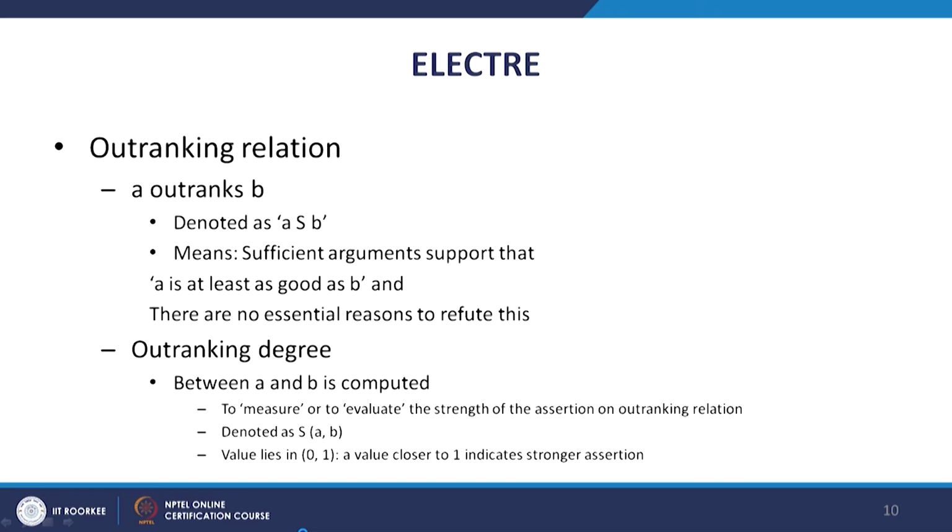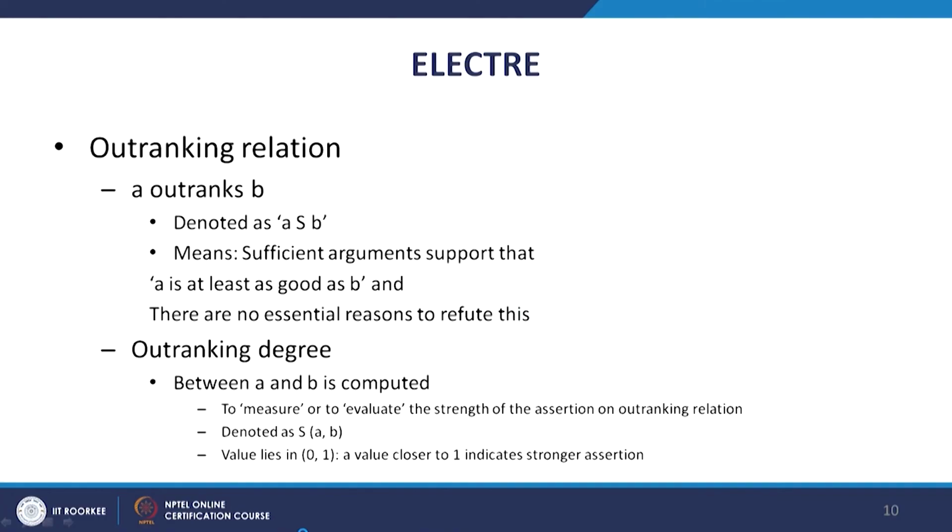Then we can say that A outranks B. To reiterate, when we say that A outranks B, denoted by A capital S B, we mean that we have arguments and logic to support that A is at least as good as B, and there are no reasons to refute this. If that is the scenario, then we say that A outranks B.